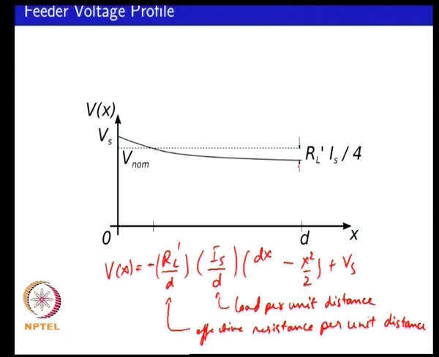So, if your nominal value is some V norm, you want this profile to be sitting right across, straddling the nominal in a symmetric manner, such that one end does not see over voltage and the other end does not see under voltage. If you keep it such that you are straddling the nominal, all ends of the feeder would give you a fairly close value to the nominal.